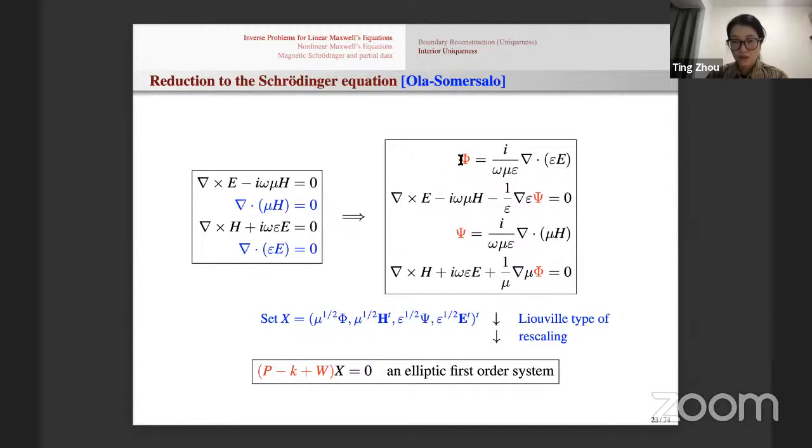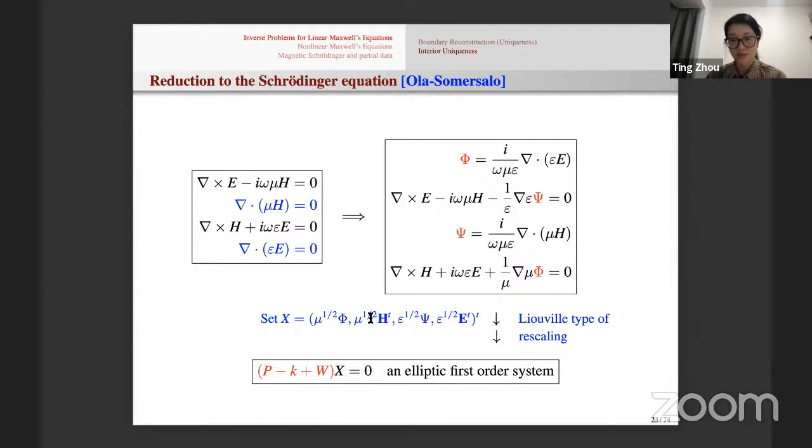And then we introduce these so-called Sommerfeld potentials, essentially scalar potentials taking the form of divergence of epsilon E and divergence of mu H. If you introduce these 2 scalar potentials phi and psi as new unknown variables, you basically have an 8 vector variable, adding the magnetic vector and the electric field vector.